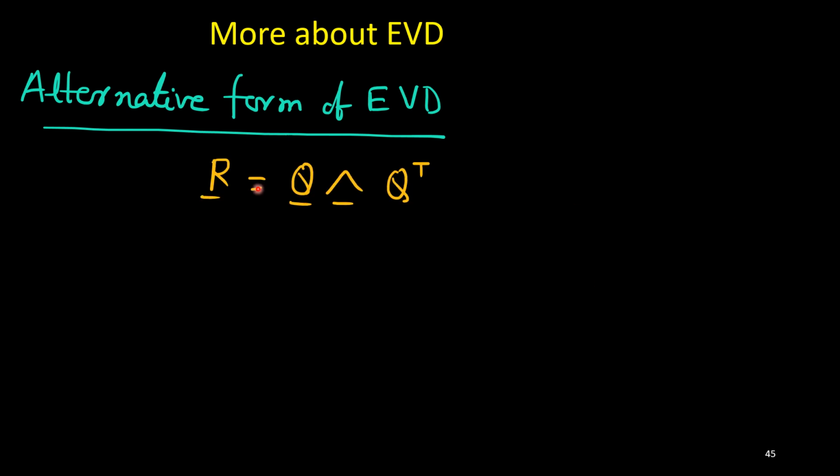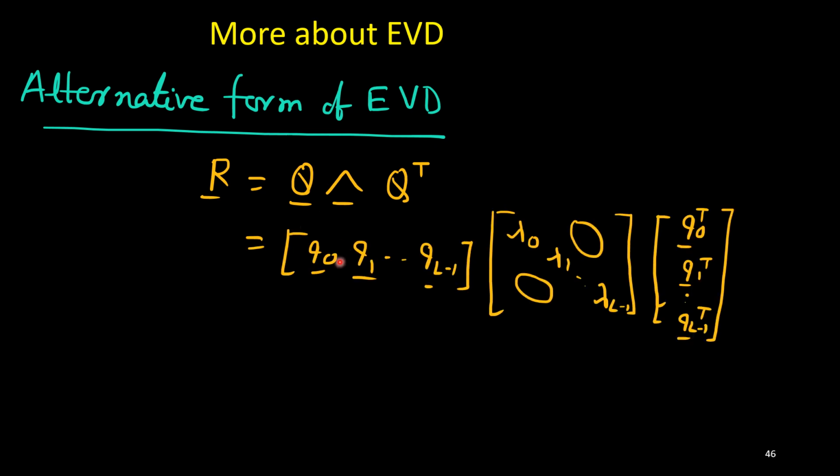So we understand that R can be replaced by Q times capital lambda times Q transpose. Now Q is this matrix containing Q0, Q1, up to QL minus 1, which are all the eigenvectors, one after another, column wise. And capital lambda is this diagonal matrix.